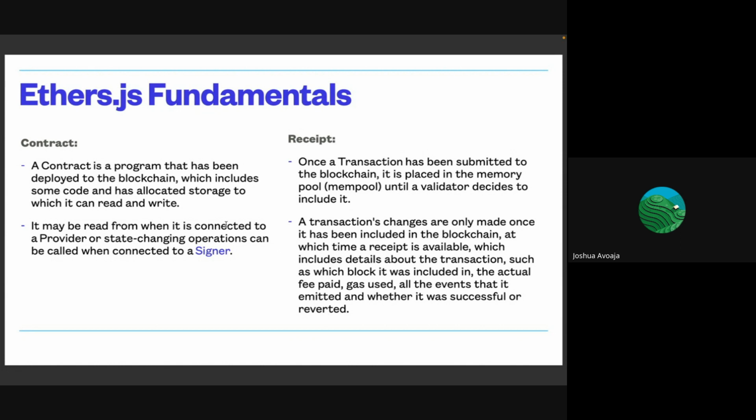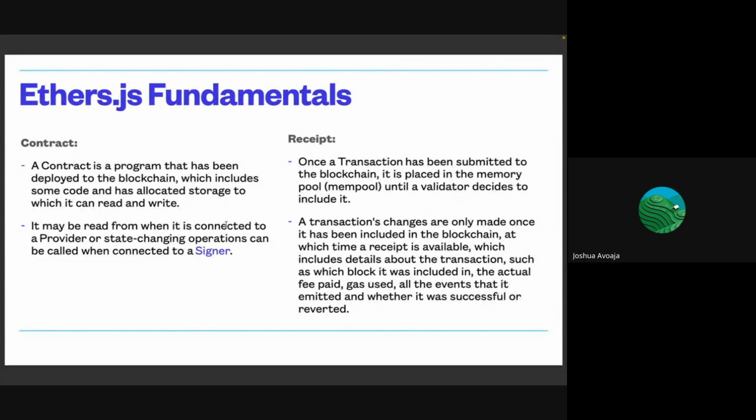A receipt is the blockchain's way of telling you, after performing a transaction, which is of course a state changing write operation, here is information about what you just did.